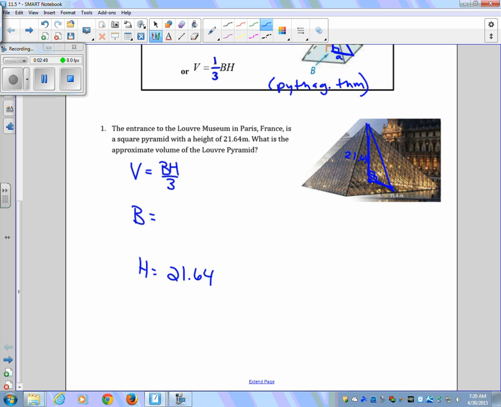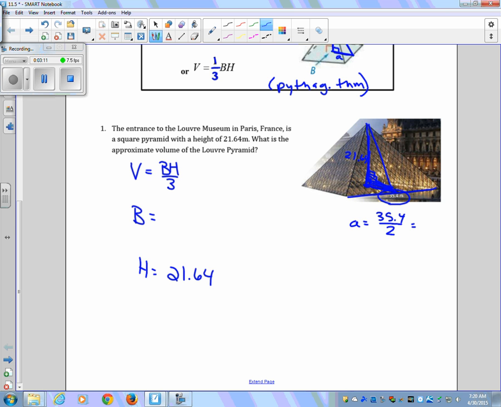We know that it's a square pyramid, and they show us here that the length of the side is 35.4. Well, if it's a square and the length of the side is 35.4, then from the middle of the base to the edge, this apothem here, would be half of that.